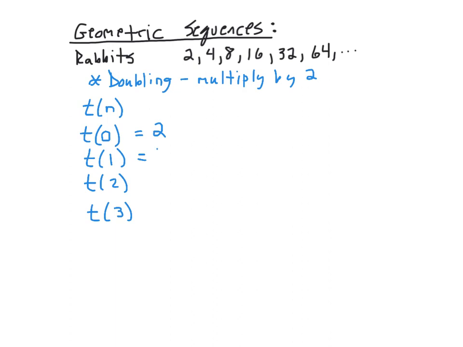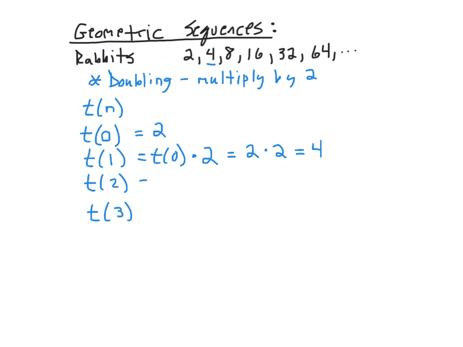So we have our t of 0, the previous term in the sequence, and we're just going to multiply that times this multiplier, which doubles things, 2. Well, t of 0, we already know what that is. That's 2. And then we're going to multiply that times 2. And so for t of 1, I end up with 4, which we can see up here is exactly correct.